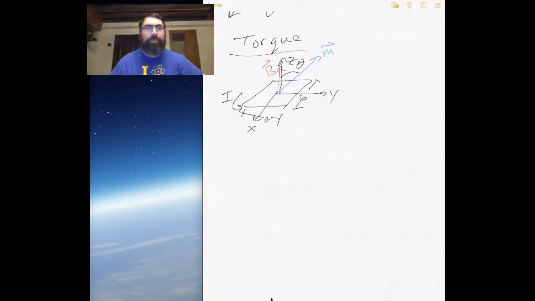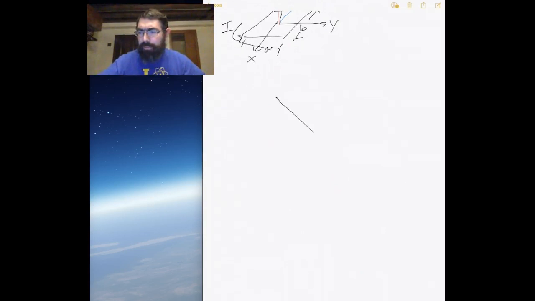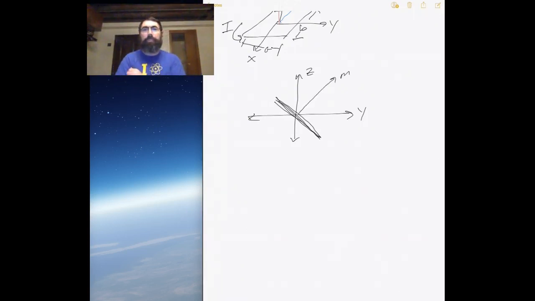Okay. So if I took a side view of this loop, this is the z direction, this is the y direction, this is my wire loop, and I would have the magnetic moment, in this case pointing perpendicular to the loop, or in the direction of the area vector.